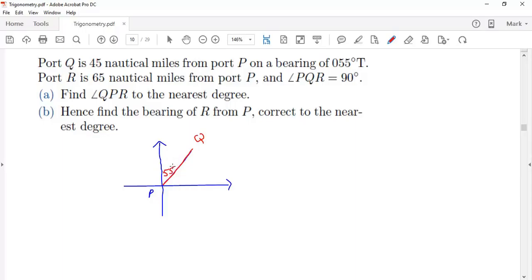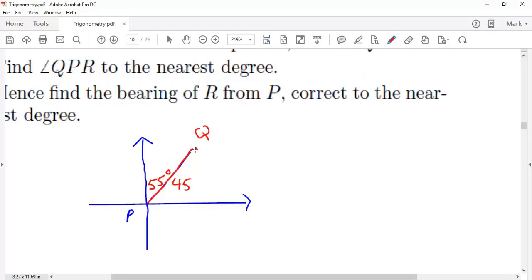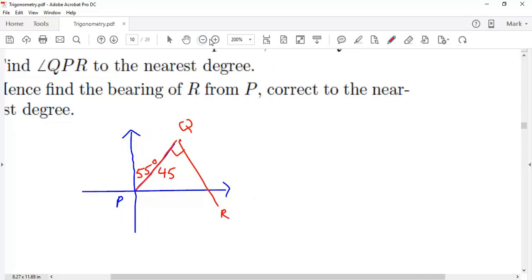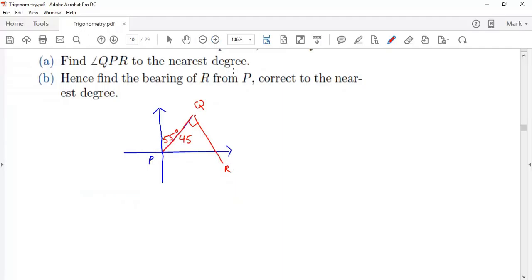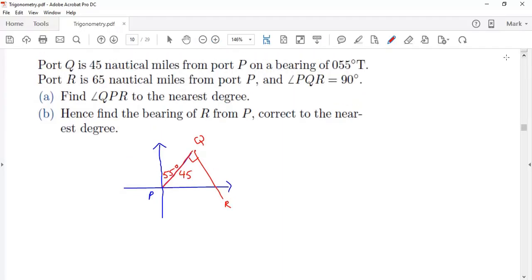So that's 55 degrees in there, and we know that distance is 45 nautical miles. Then angle PQR is 90 degrees. And we also know that the distance of P and R is 65.